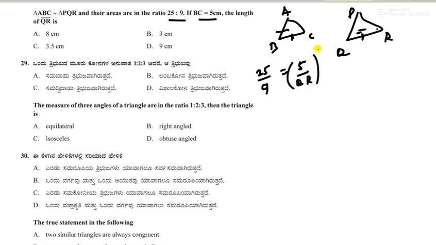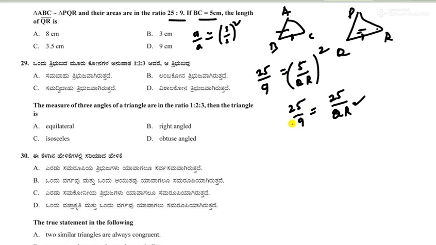So we have the formula. Which one? This formula. Ratio of areas is equal to the square of their corresponding sides, correct? So this is the given condition. Now while solving, this becomes 25 by 9 is equal to 25 by how much? This is QR square.